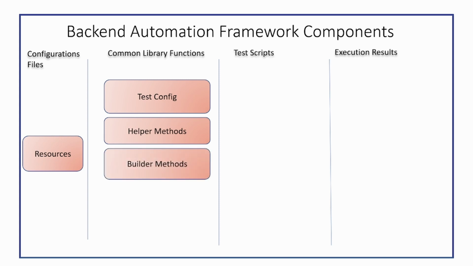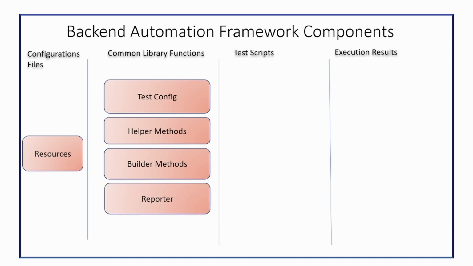Next we have the builder methods. You might have heard the term builder pattern, which is used to create objects with optional constructors. In our case, if you want to create the request body, we'll be using the same concept to come up with the builder pattern methods.